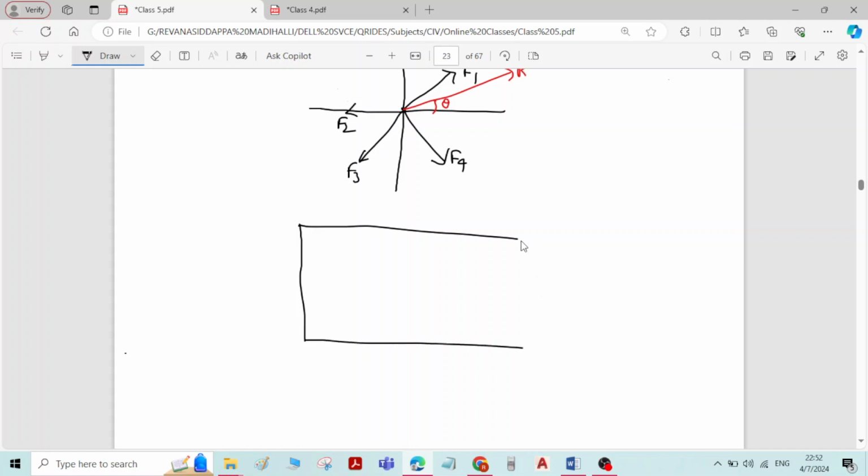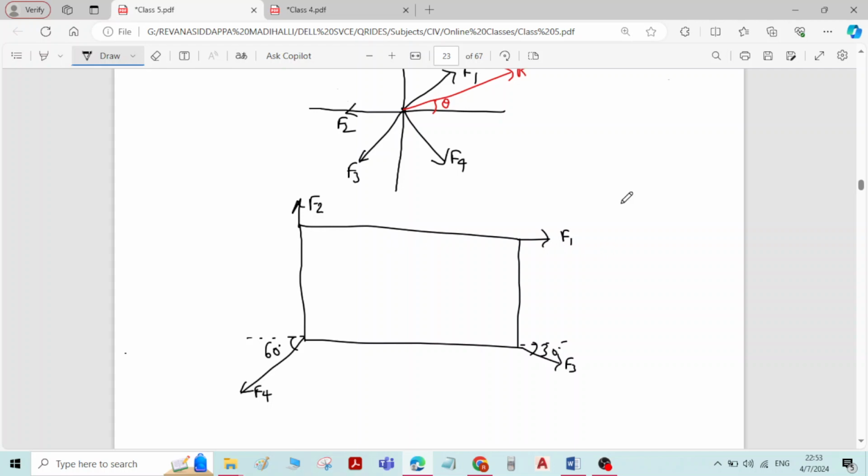Now I will apply a few forces to this plane: force F1, force F2, force F3 at an angle of 30 degrees, and force F4 at an angle of around 60 degrees. So the system of forces given here is a coplanar non-concurrent system of forces.